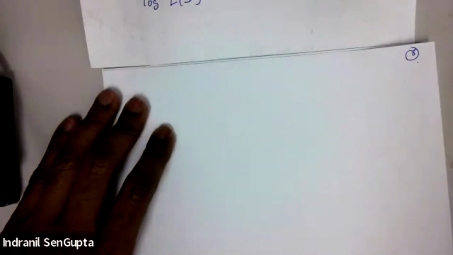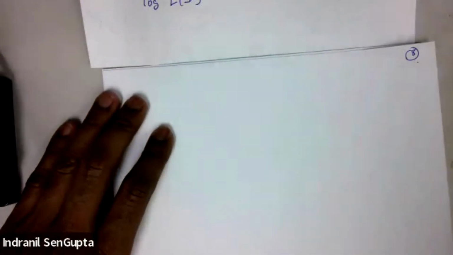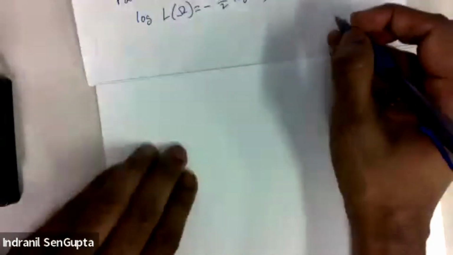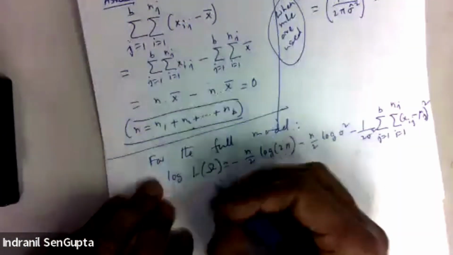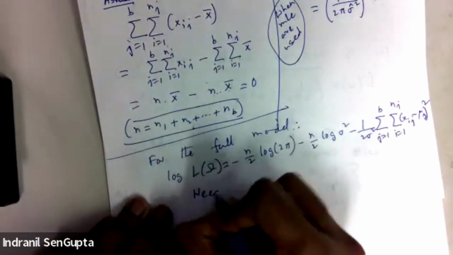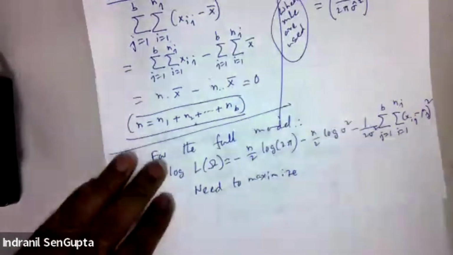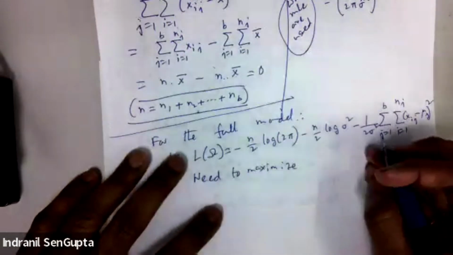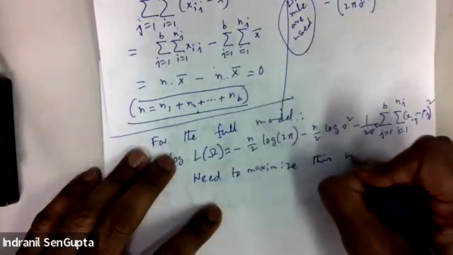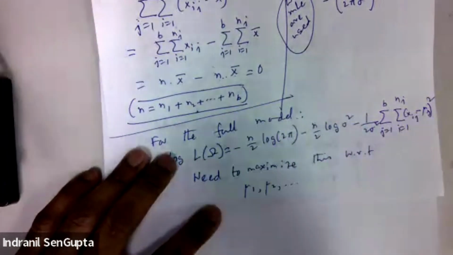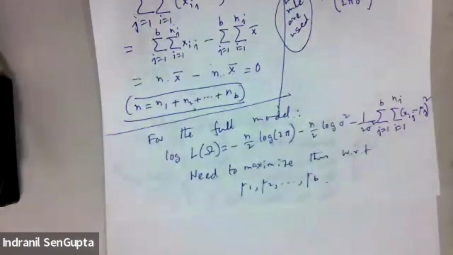All right, so basically I have to maximize this. We have variables, so we need to maximize this with respect to mu1, mu2, all the way up to mu b for the full model, because they're not the same, right?